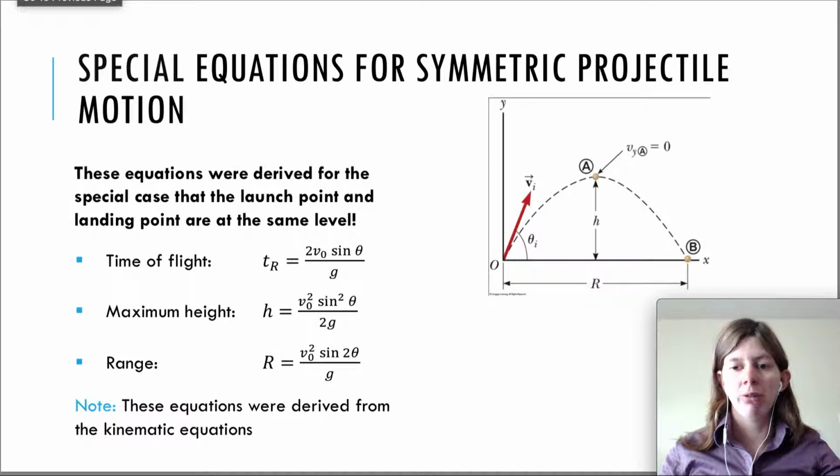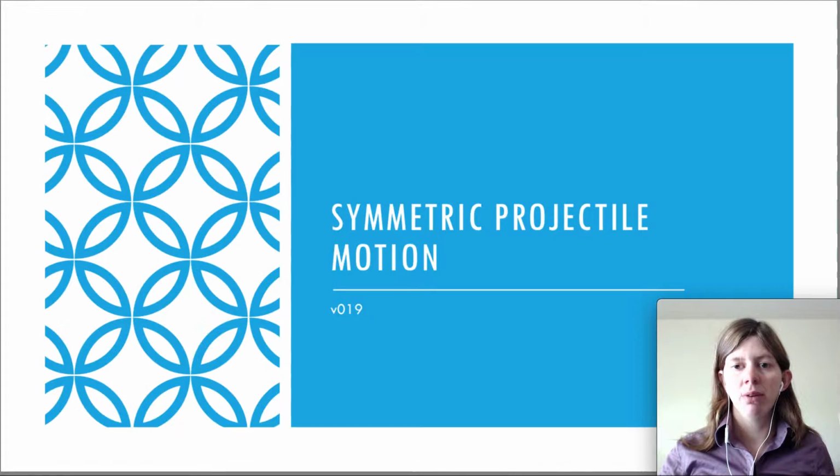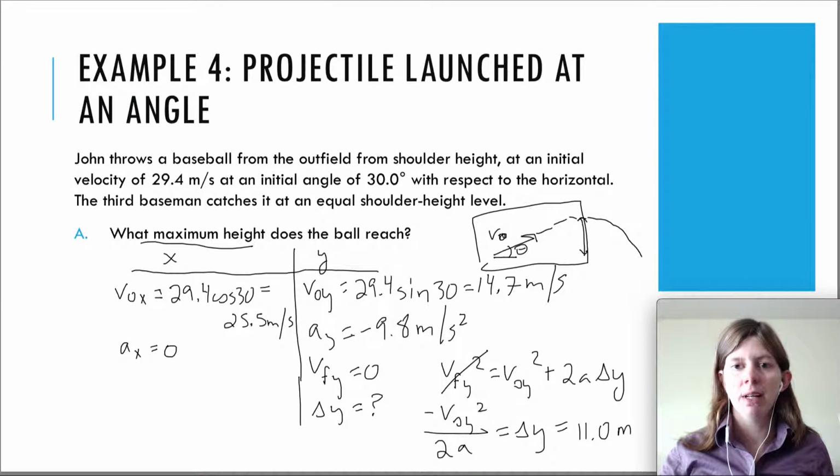If, for example, we go back to example 4 that we covered in a previous video, keep this equation in mind for the height. You can see that when we found the maximum height using the kinematic equations, we got delta y equals negative v0y squared over 2a.